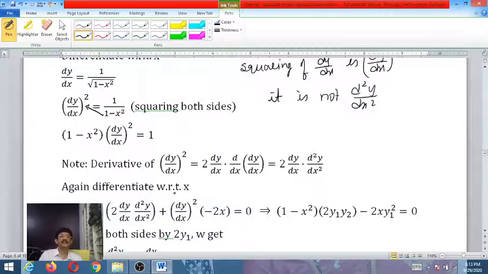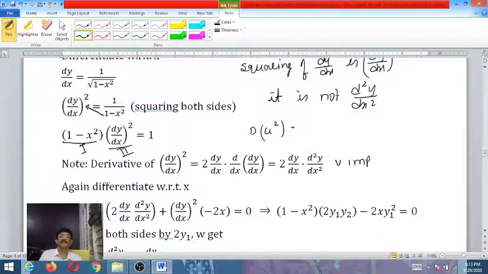Again differentiate with respect to x. Here 1 minus x square is considered as the first function. Dy by dx whole square is the second function. Always remember dy by dx is important. The derivative of dy by dx whole square is 2 into dy by dx into derivative of dy by dx, or 2 into dy by dx into d square y by dx square, because suppose you ask what is the derivative of u square?